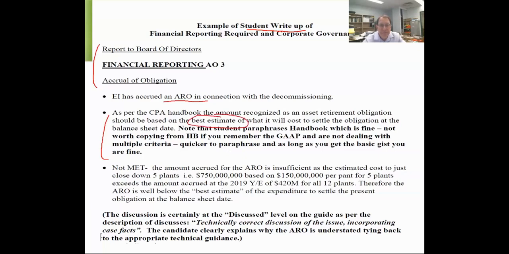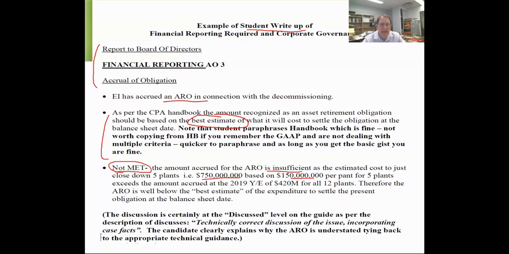Beautiful. Okay. This is how they typically do these financial accounting. They say met or not met. Have we done this? Best estimate? No, not met. Why? And now you're going to get into the numbers. And even though there's a mistake here, it's still good. The amount of the ARO is insufficient. Why? Because to close down 5 plants is $750 based on 150 times 5.